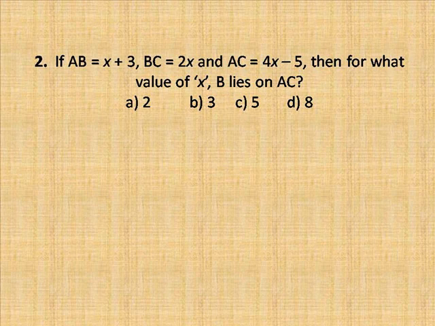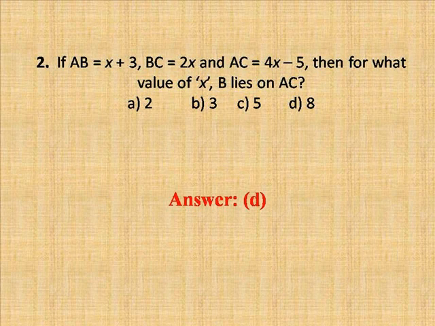Question number 2. If AB equals x plus 3, BC equals 2x and AC equals 4x minus 5, then for what value of x does B lie on AC? So you need to find the value of x and you have 4 options. The answer is option D, that is 8.